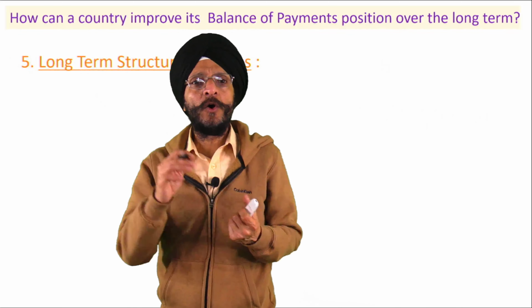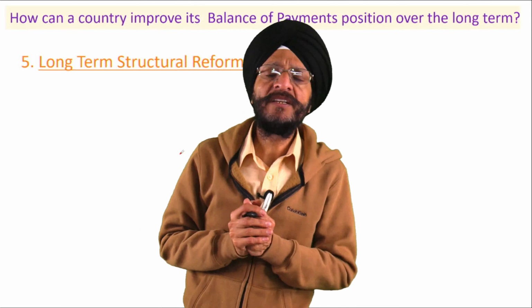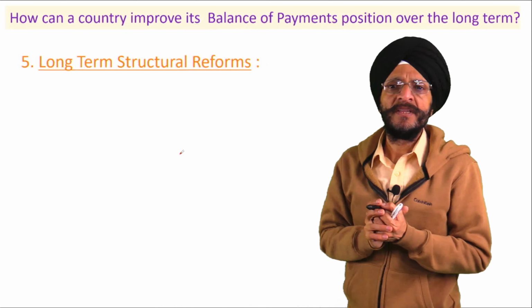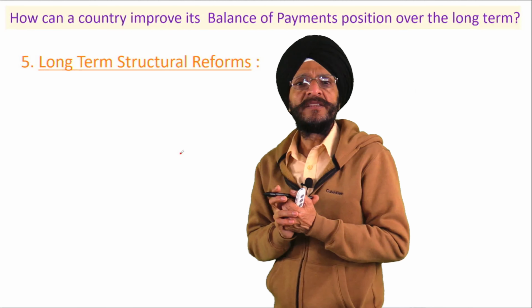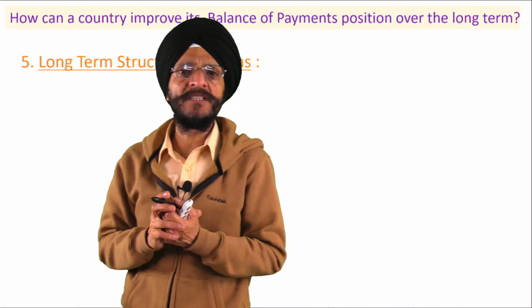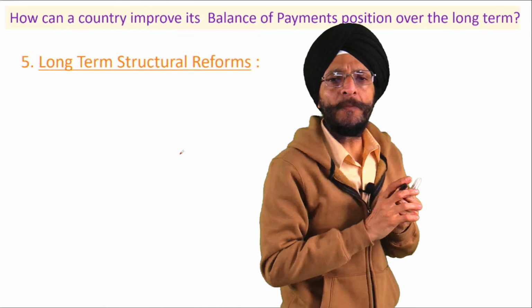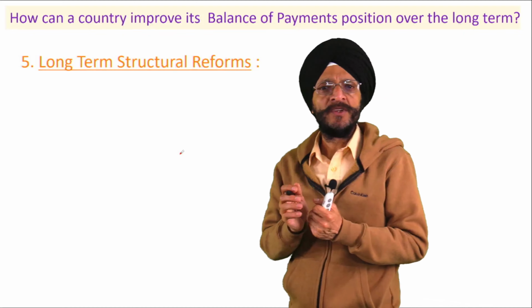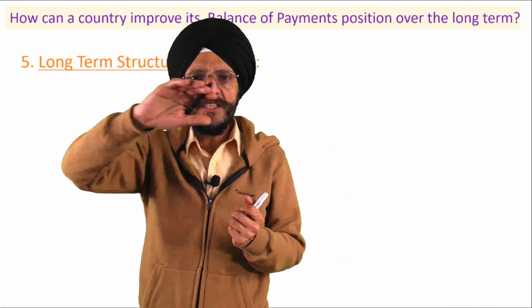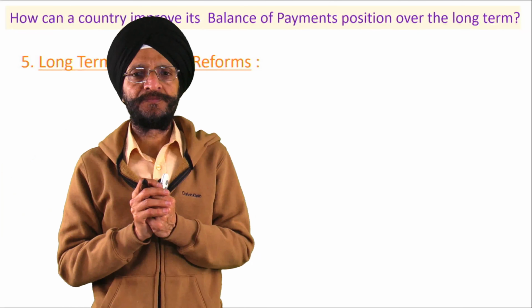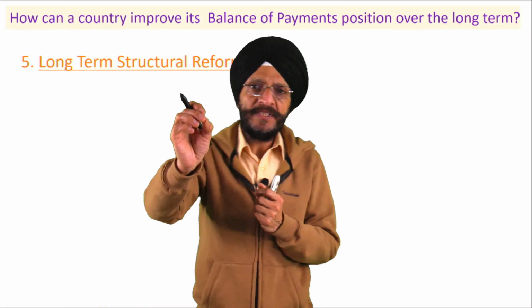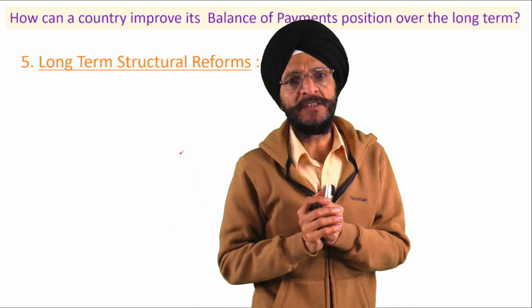Next is long-term structural reforms. It sometimes happens that if in a country there are a lot of bureaucratic hurdles, the investors do not come forward to make investment in those countries. So bureaucratic hurdles should be reduced. Ease of doing business should be there.